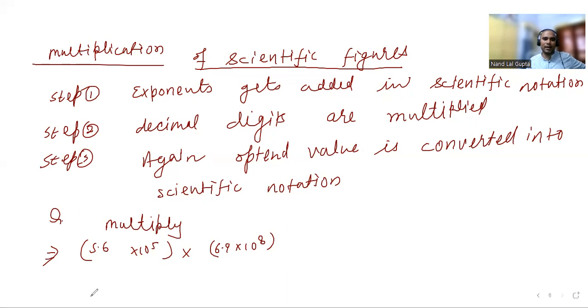So let's see how you can do it. Exponents get added, right? And decimal digits are multiplied. So in step number 1, 5.6 and 6.9 are going to be multiplied, and for 10 power, the exponents are going to be added, 5 plus 8, right? Now you need to multiply 5.6 and 6.9.